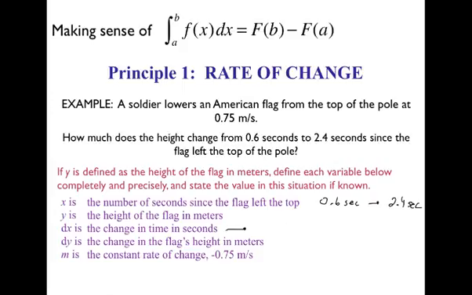How do we get dx? Final minus initial, right? So it's going to be the final value of x minus the initial. So it's going to be 2.4 minus 0.6 or 1.8 seconds, right? Okay, and then what would dy be?